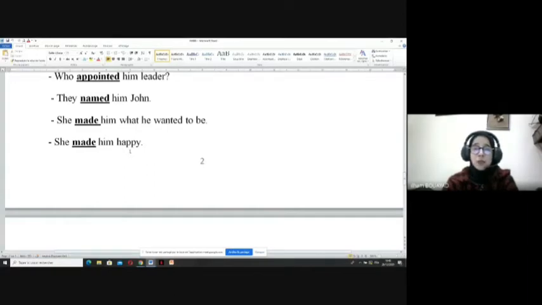Okay, try to differentiate between the category and the function of that category. For example, here the adjective happy is an adjective, but functioning as an object complement. John here is a proper noun, but it functions as an object complement.